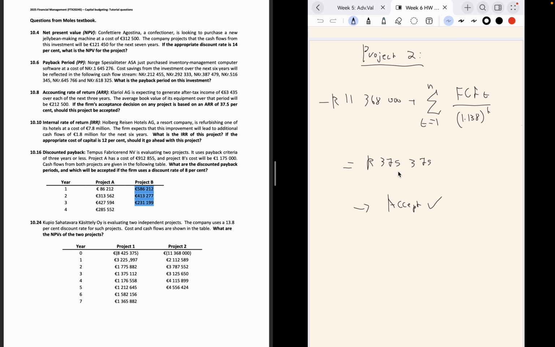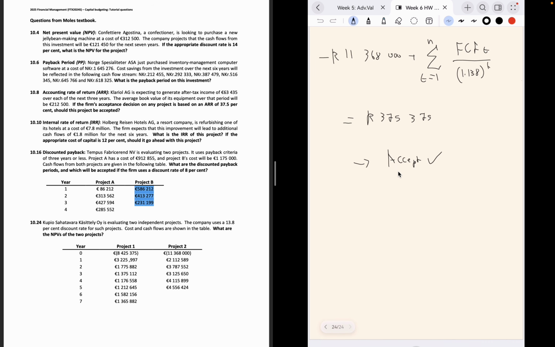So you can just treat it as a number on its own. You can discount it, but it just means you'll divide by 1. Then you add all the other discounted values, like 2,112,589 over 1.138 to the power 1, all the way up to 4,556,424 over 1.138 to the power 5. Because this is positive, we will accept the project.